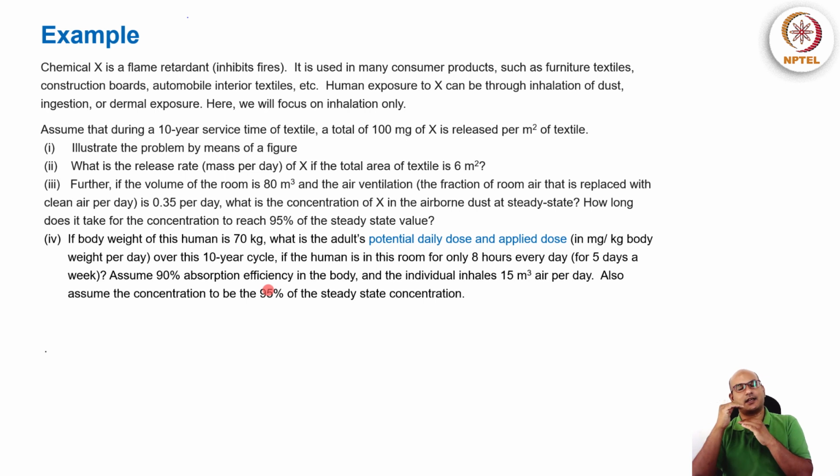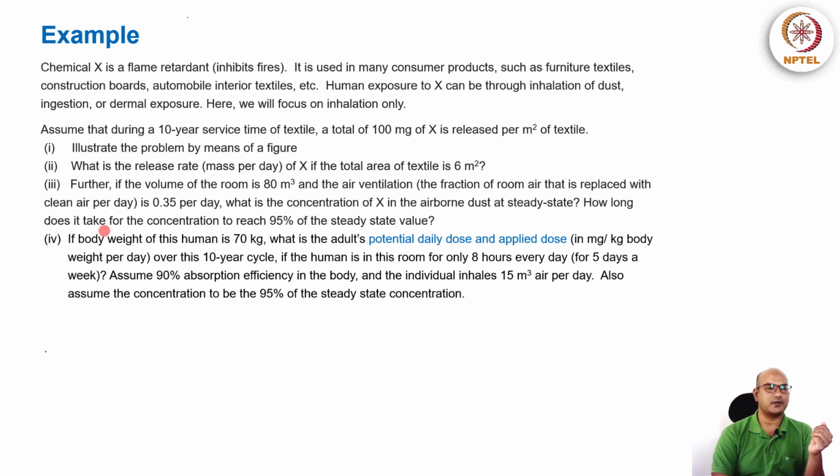So this is actually our whole big question, and often we would be posed with only the last part in real life. Maybe we will be told that 100 milligram is released per meter square in 10 years, or we will do some emission test about release.